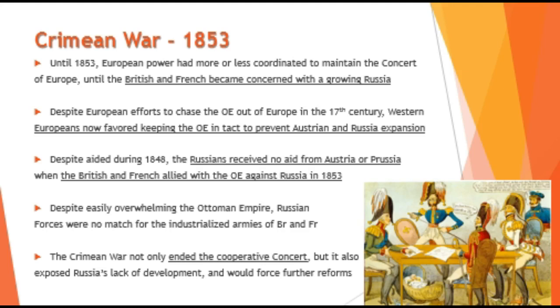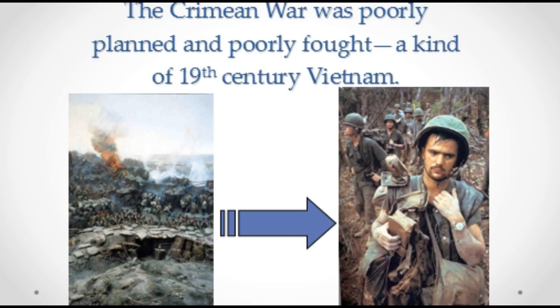The Crimean War not only ended the cooperative Concert, but it also exposed Russia's lack of development. So they're going to have to deal with internal turmoil. They'll face revolutions of their own and try to make some attempts to reform. But the loss of life and disastrous results would cause many Russians to demand those reforms. And like I said, more on that later.